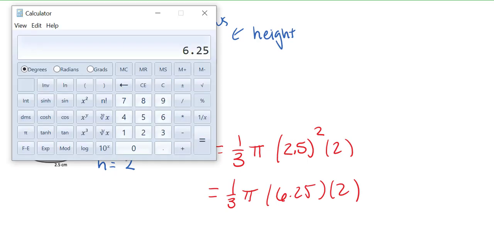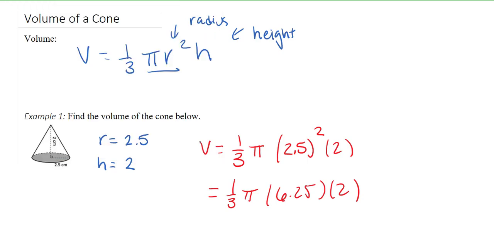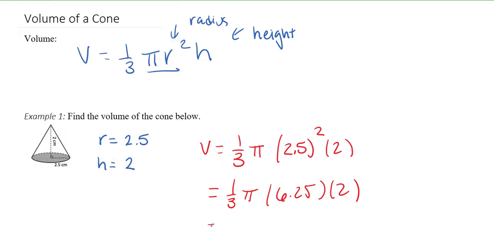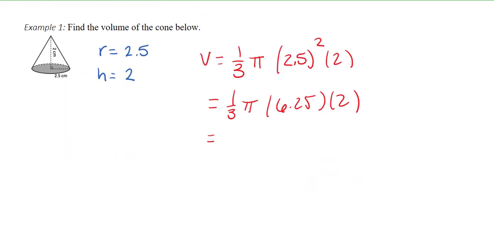We have 6.25 times pi times 2, which is equal to 39.27. So we have 1/3, and then all of this, pi times 6.25 times 2, multiplied out is 39.27.